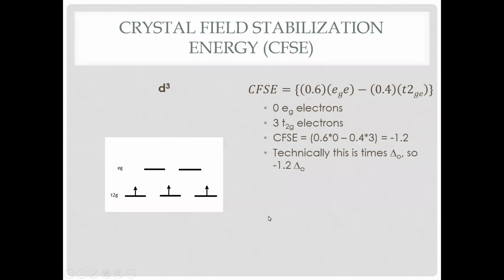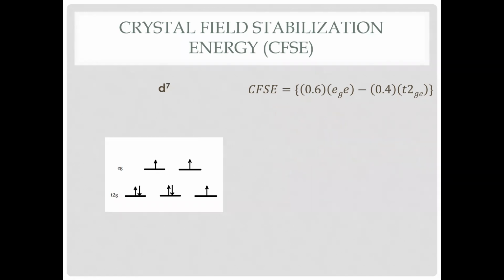Okay, so let's look at another case. Let's say we have 7 electrons. So we can arrange those 7 electrons into the orbitals like so. So let's see if you can figure this one out. I'll go through this slowly, but you might want to stop the video and see if you can determine this without seeing the answer.